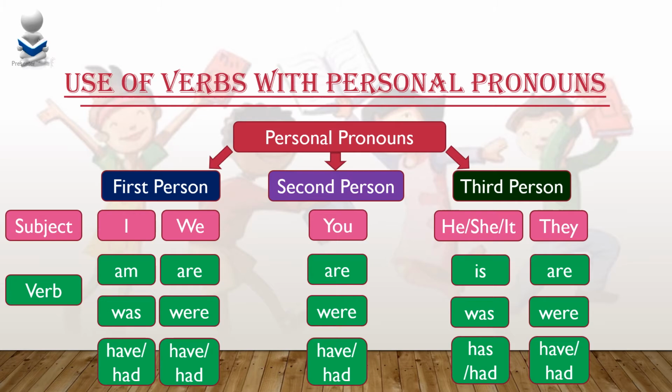So if you observe the table carefully, I'm sure you'll be very clear about it, that one golden rule you have to follow: singular subject, singular verb, plural subject, plural verb. And this is how you can use them with personal pronouns given in the sentence.